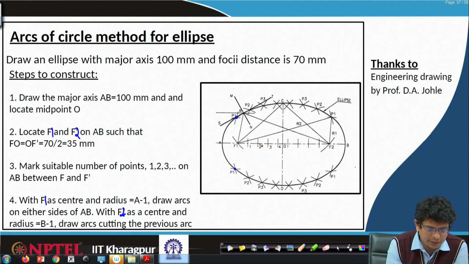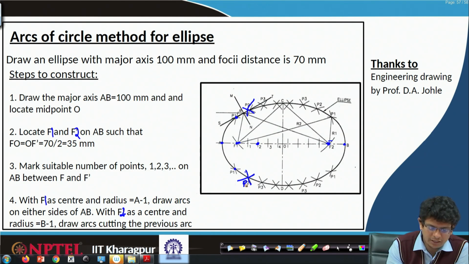Now, if we are moving to the second point, to construct P2, what we have to do is from A to 2, whatever the distance, use that distance, but center as F1, make an arc on either side. Similarly, from B to 2 distance, F2 as center, make an arc on both sides.